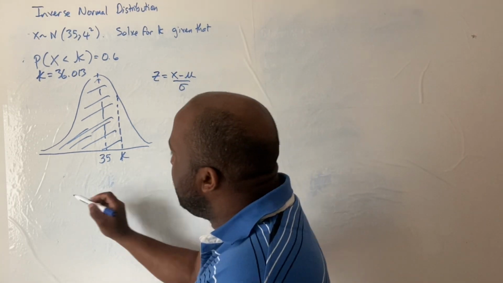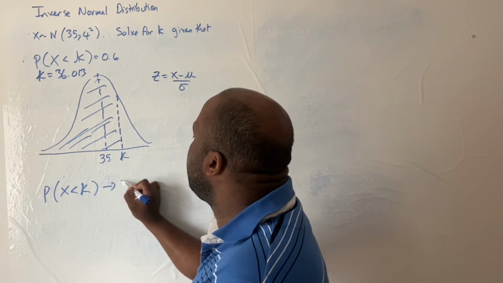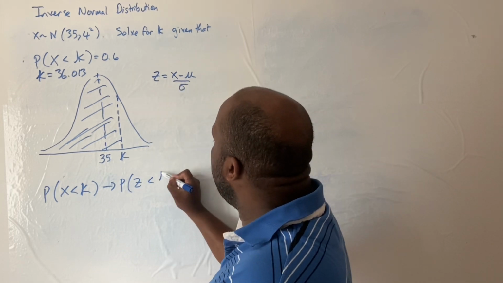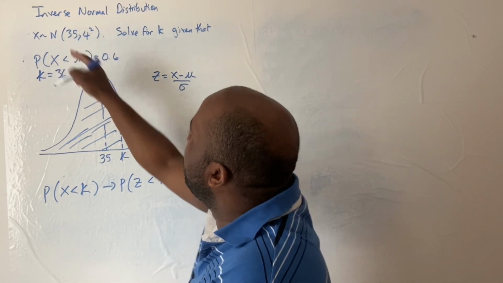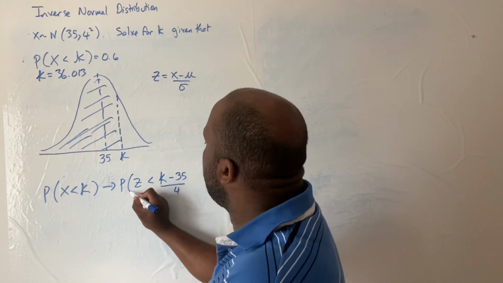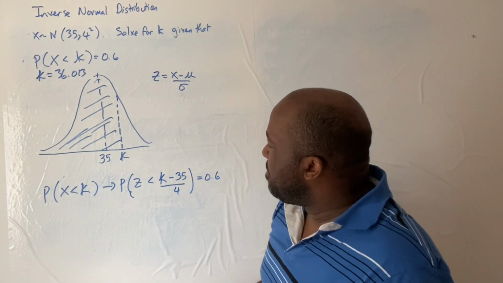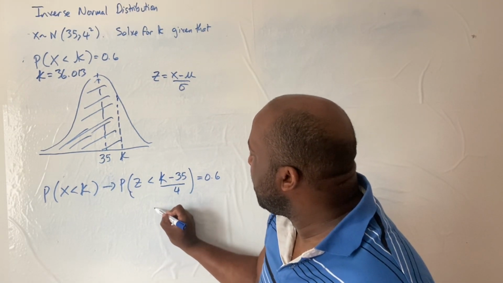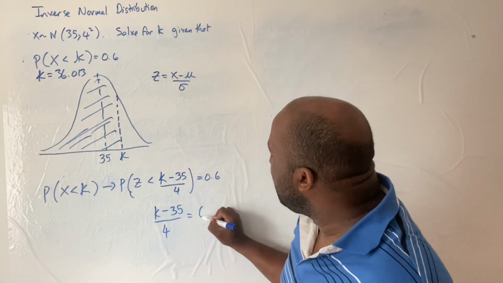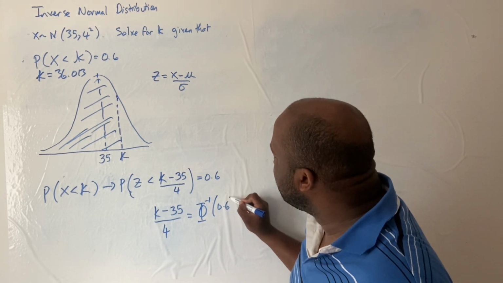All right. So the probability that X is less than K will now become the probability that Z is less than K minus mu, mu is 35, over 4. And that's equal to 0.6. All right. So K minus 35 over 4 is equal to, the symbol that we use is phi to the minus 1 of 0.6.